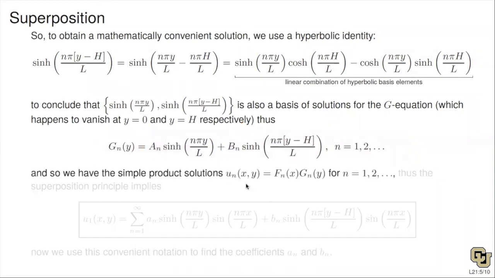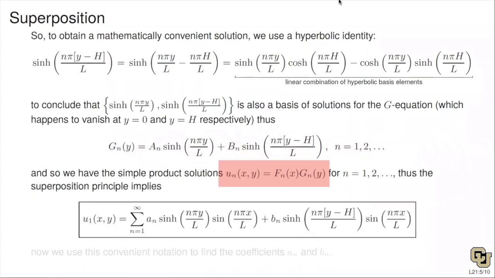So here, let me show you now how this helps us. Here we can now make the product solution fn of x times gn of y. There's no t variable here. They're both spatial variables. So here is what the superposition solution looks like. Here's the solution to the f equation, and it's not a hyperbolic function.